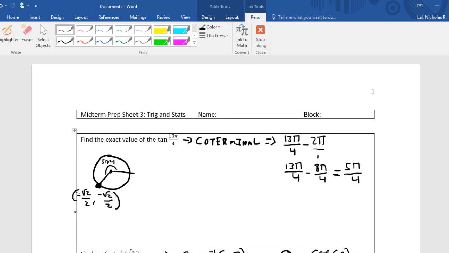The x coordinate is equivalent to the cosine of theta, and the y coordinate is equivalent to the sine of theta.